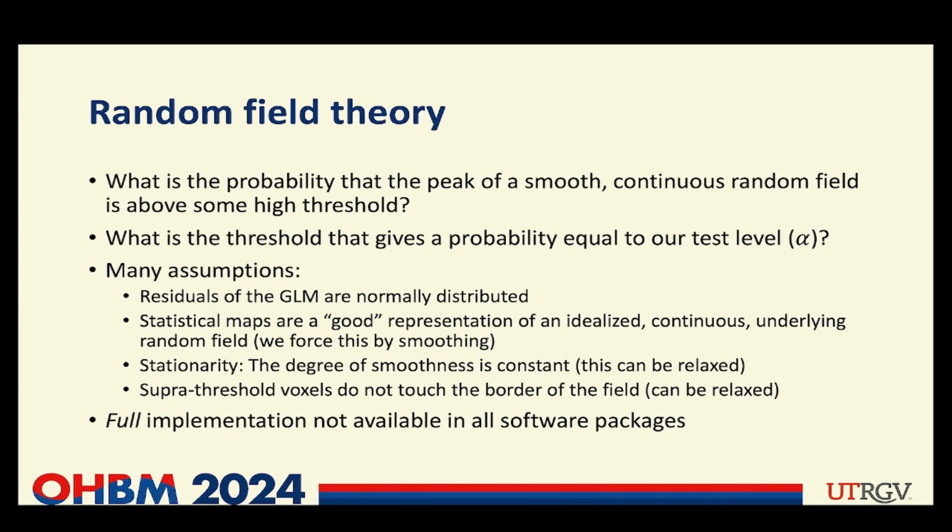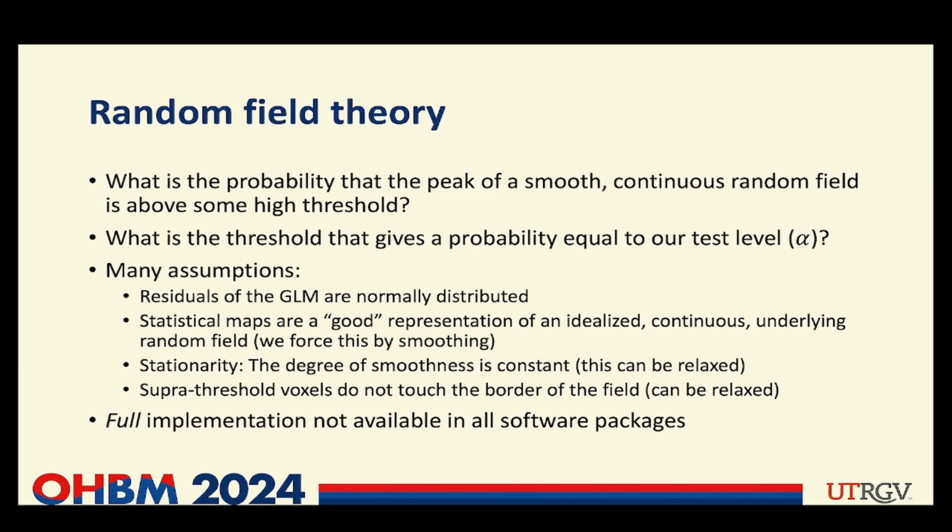And if you know the likelihood of that happening, then you can reverse the formula. So what would be the threshold that I could apply to have the number of surviving blobs be equal to the error rate that you want to have? So let's say 5%.